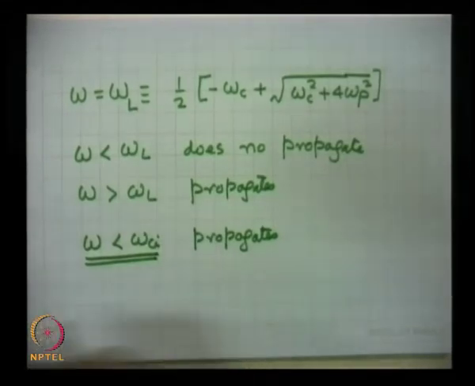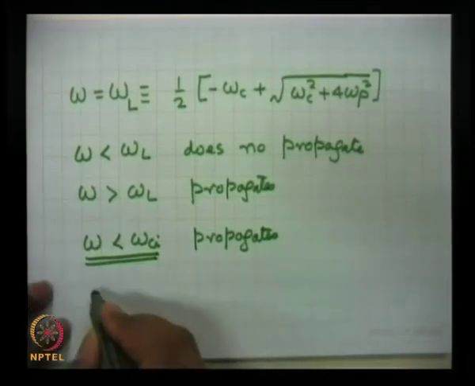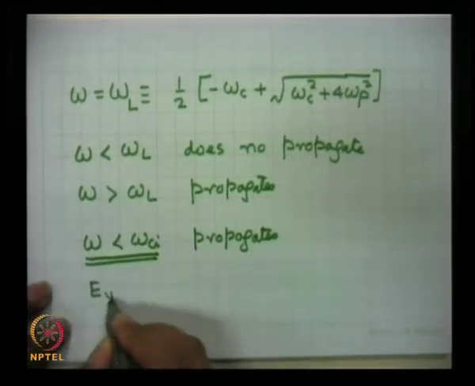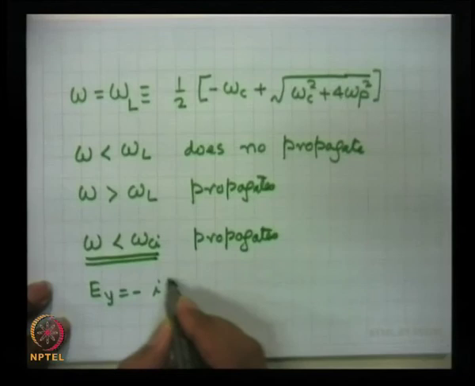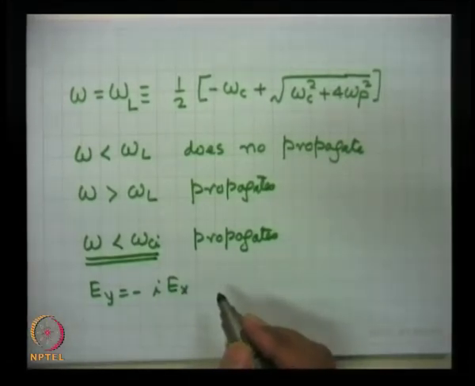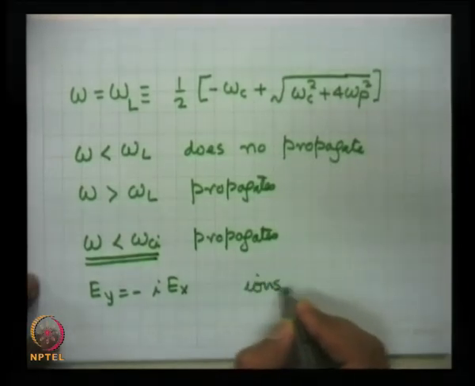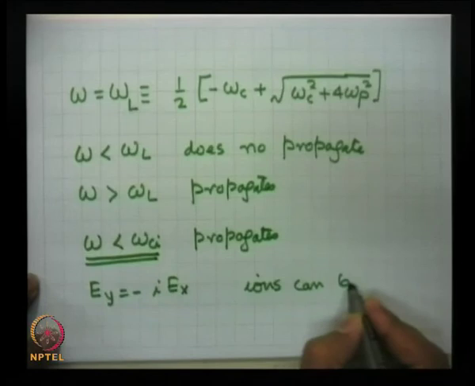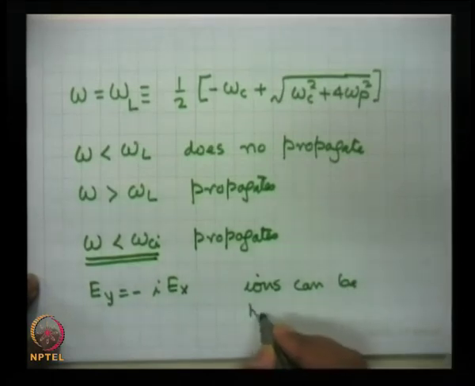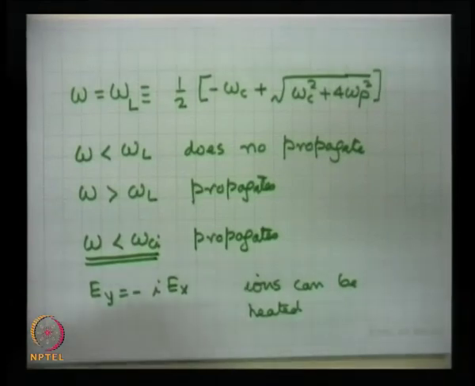So this wave has a very interesting characteristic. It is a left circularly polarized wave with Y equal to minus iEX, in which ions can be cyclotron resonance sensitive and ions can be heated. Can be heated via ion cyclotron resonance, and that is a very important wave.